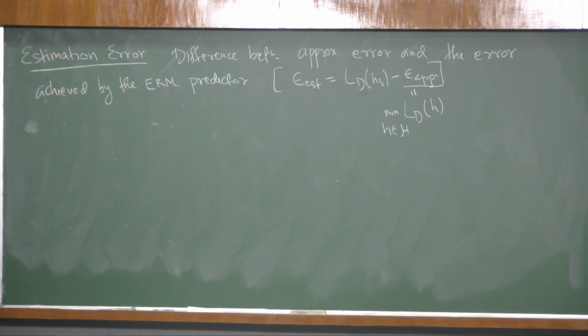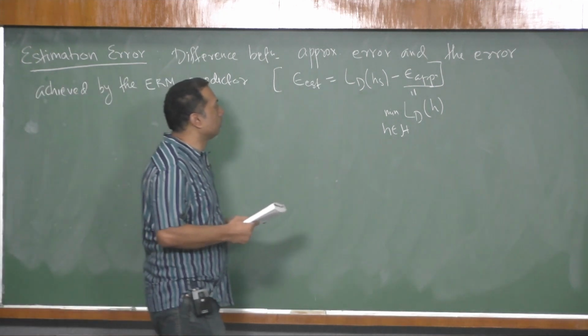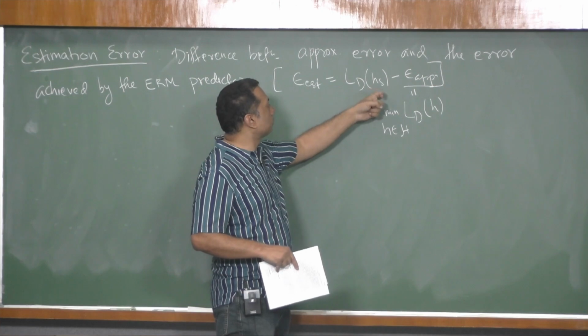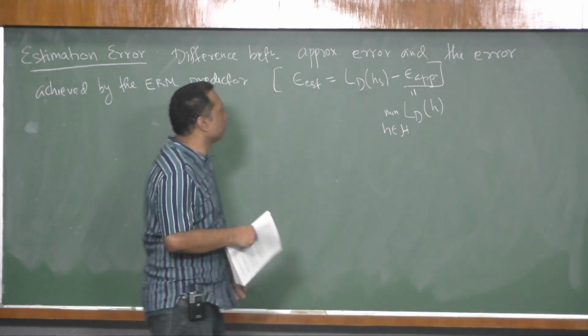The estimation error results because of the empirical risk, or the training process. If the training process was ideal, and the sample was also ideal, then we would have made it 0.